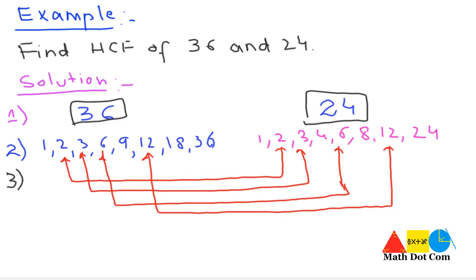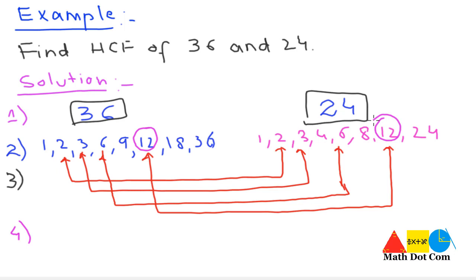Now the fourth condition is to find the highest common factor. It is obvious from here that 12 is the highest common factor.